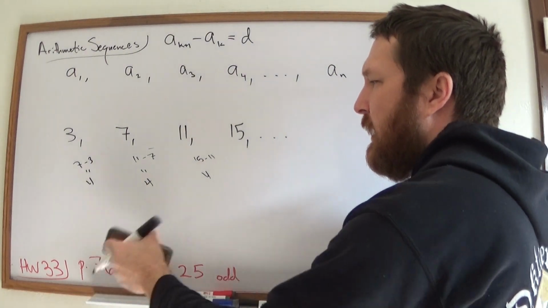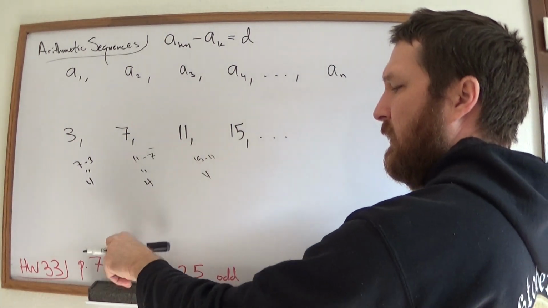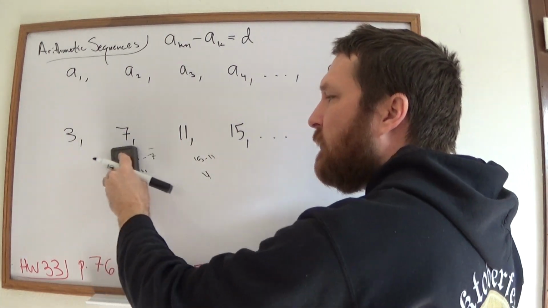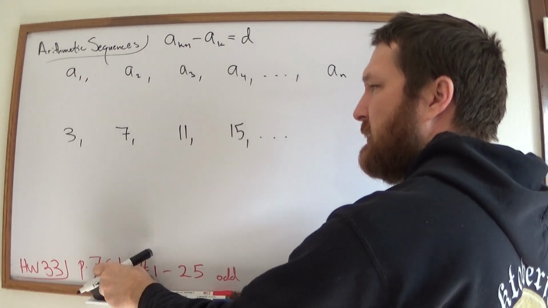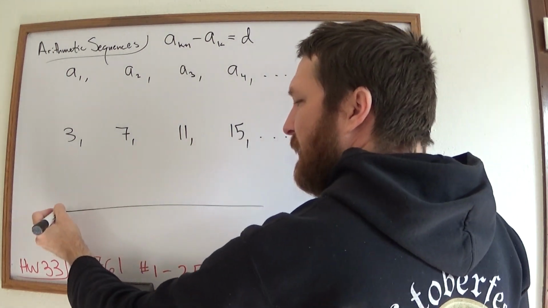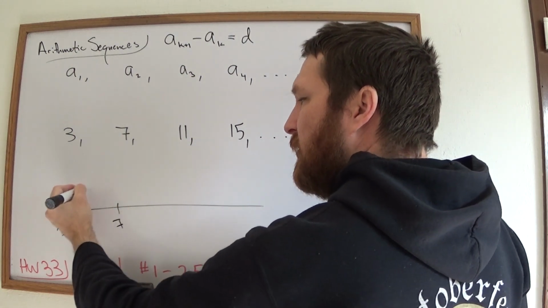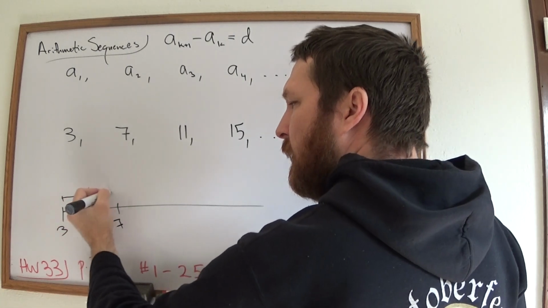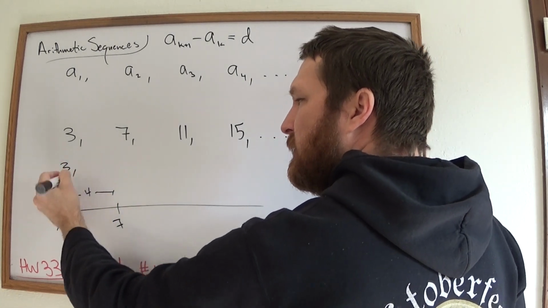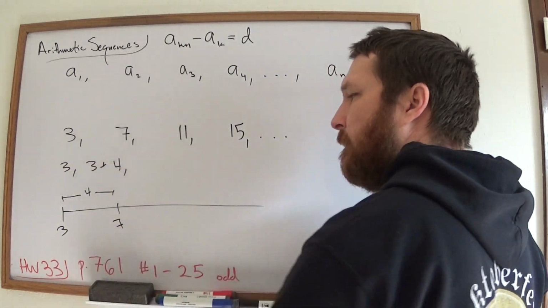Okay? Now, let's think just in terms of this sequence right here. Another way we could wrap our heads around this is saying, well, if the difference is the same, how do you get from 3 to 7? You're starting here at 3 and you go to the number 7. Well, you added 4. It's a distance of 4, right? So we could say that this sequence is 3, and then you just take 3 plus 4.